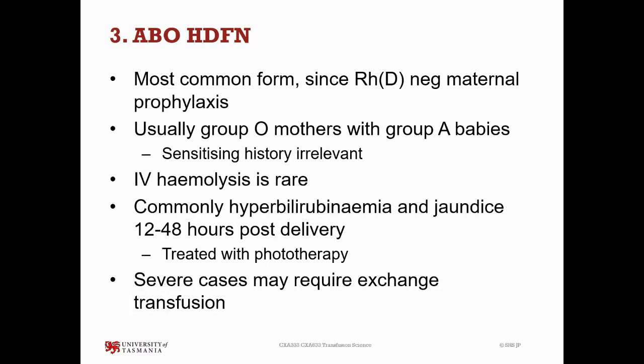Remember, if you are a group O mother, you're going to have anti-A and anti-B in your plasma, regardless of whether you've had a transfusion, regardless of whether you've been pregnant before. And so you will just have it. So if you have a group A baby, you've already got anti-A in your plasma. Most of that anti-A is IgM, but some of it is IgG. And so some of it can cross the placenta.